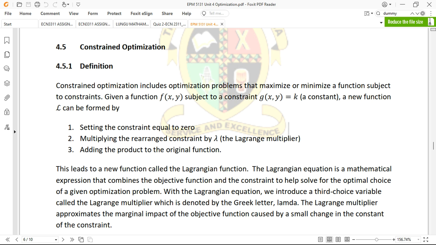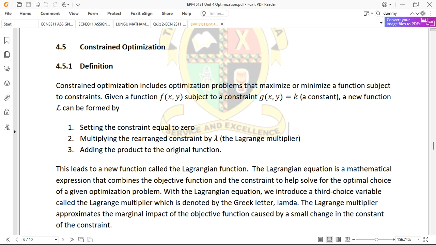Okay, so yeah, constraint optimization. What we looked at last time, and what we've been looking at so far, was a case where we just have an objective function and we're trying to maximize or minimize it. But practically, what we face as people is actually constraint optimization, because you might want to maximize your utility from the consumption of two goods, let's say Coca-Cola and Fanta, but you have a fixed amount of income.